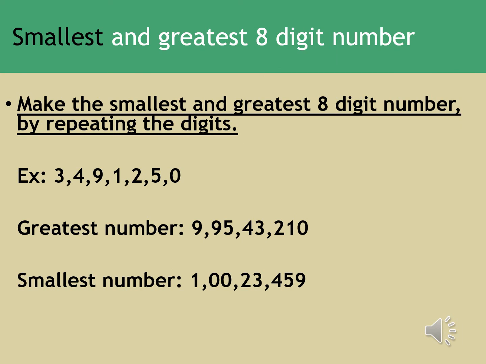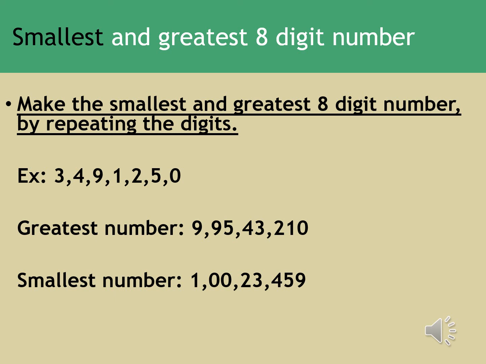Next, we can study how to form the smallest and greatest 8-digit number using the given digits. Only 7 digits are given here. Using these 7 digits, we want to form the greatest 8-digit number and the smallest 8-digit number. So, what are the digits given here? 3, 4, 9, 1, 2, 5, 0. Any one digit we can use 2 times.